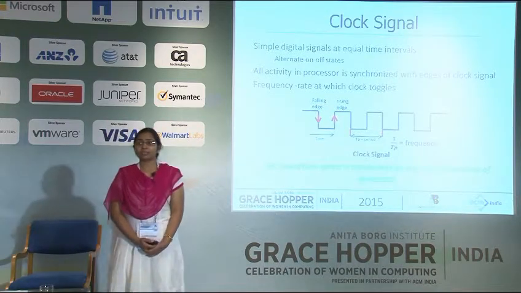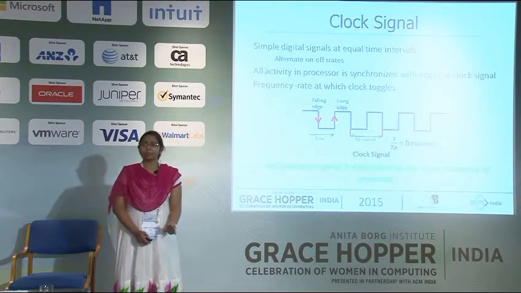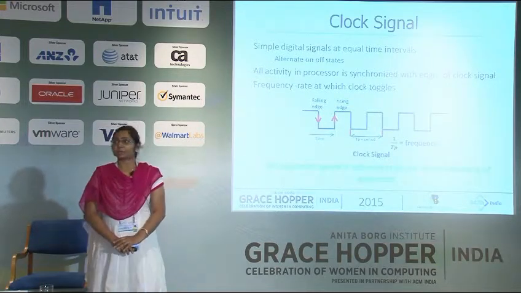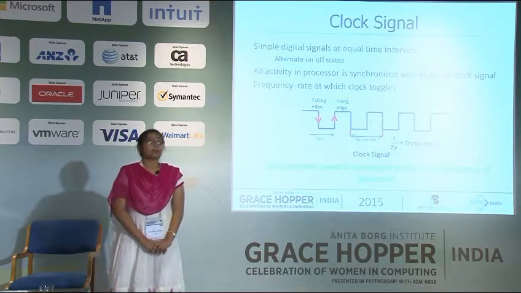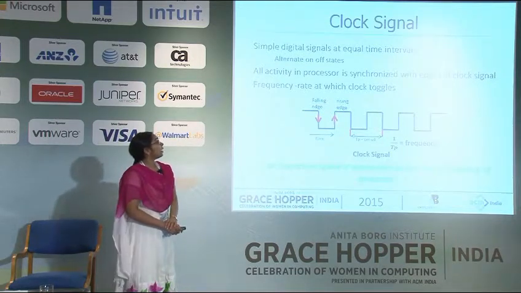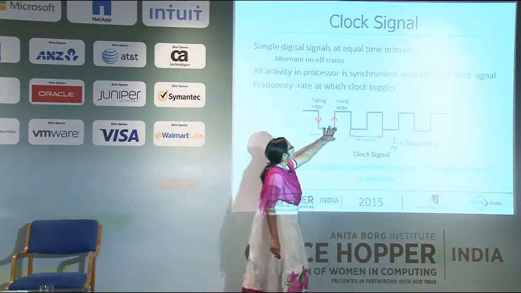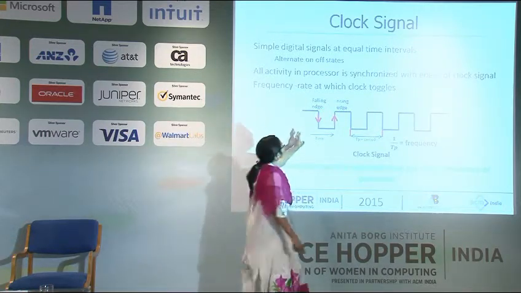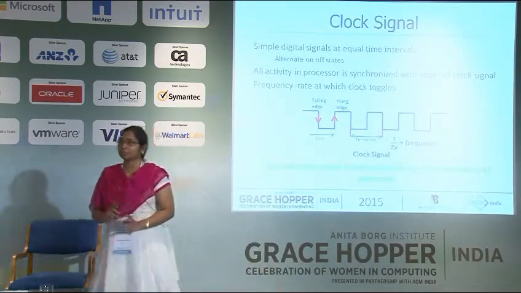Let's see what this clock signal is. Clock signal is a simple digital signal which is generated at equal intervals of time. It has two states, on and off, with rising and falling edges. The devices present in the SOCs are sensitive to these rising and falling edges. Data will be processed at either the rising or falling edge only. Otherwise, if the data is in the middle, it is not transferred or stored into devices.